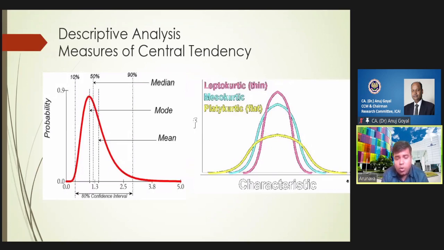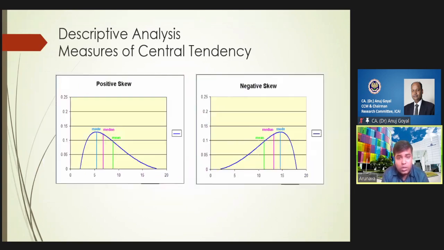And mean, median, mode, the kurtosis, the skewness of the data, all these things give us many answers about how the data looks like and where the mean, median, and mode are. Let me tell you that sometimes the descriptive analysis itself provides us most of the answers.